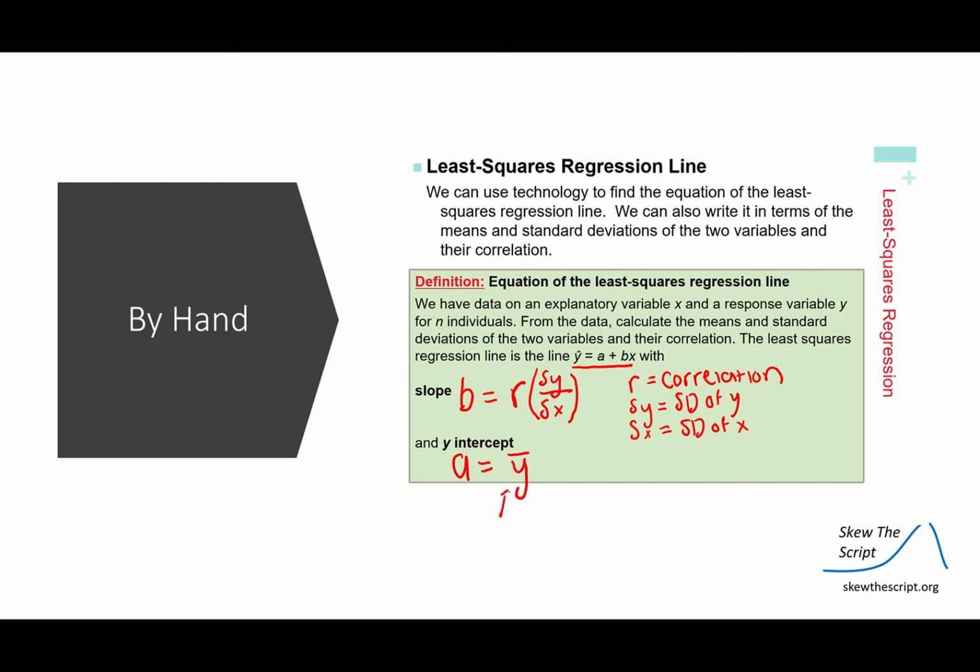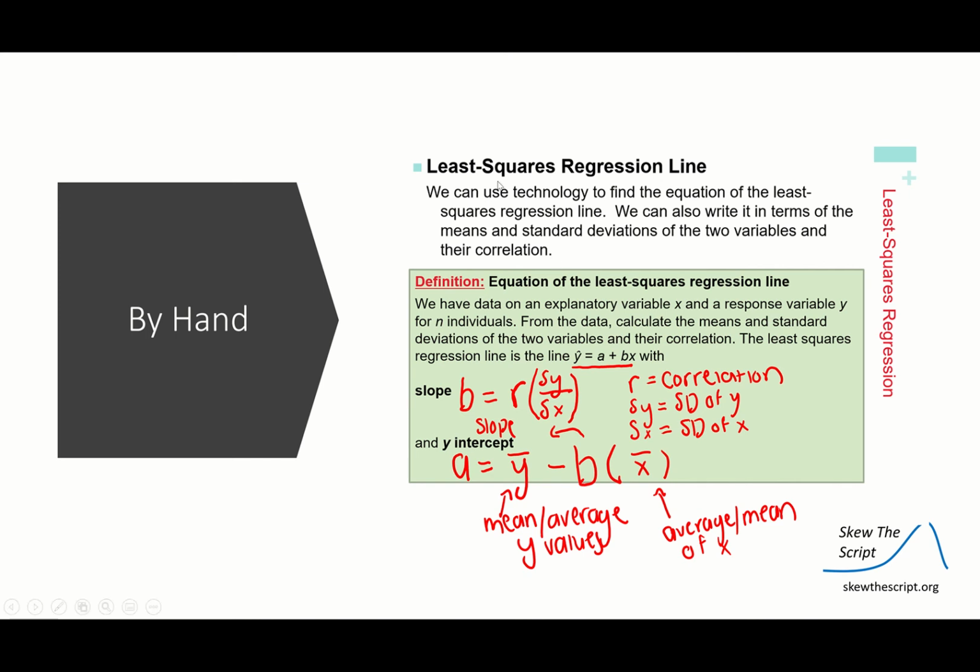This is the symbol for the mean of y, aka the average of our y values, minus our slope times the average of x, aka the mean of x, and our slope, which is what we found above as well.